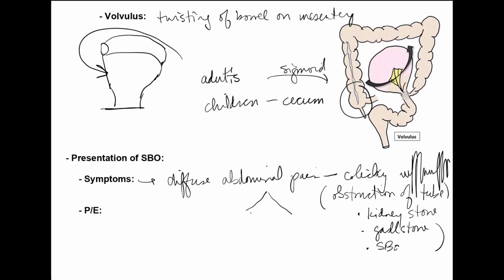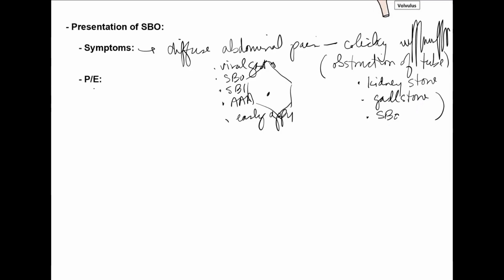We've already noted the differential diagnosis of diffuse abdominal pain. It includes viral gastroenteritis, small bowel obstruction, small bowel infarction, ruptured abdominal aortic aneurysm, and early appendicitis. On physical exam, there is often tympany on percussion.